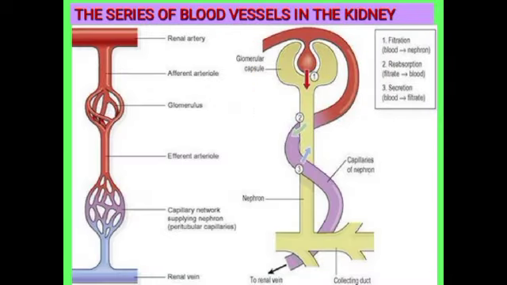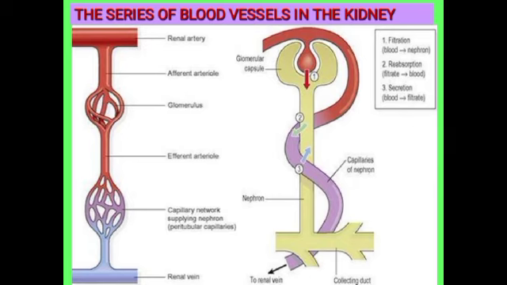And here it is showing the series of blood vessels in the kidney. Remember, for urine to be formed, the blood has to be filtered within the kidney. Blood comes from the renal artery, then to the afferent arteriole. The afferent arteriole takes blood into the glomerulus.